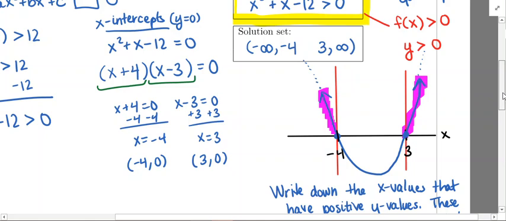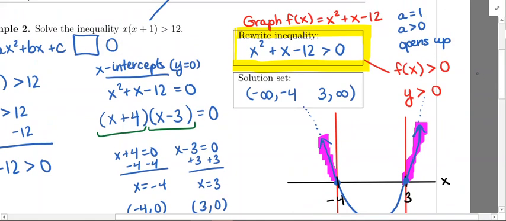The question becomes, do you include the endpoints? That is all dependent on the inequality symbol. The inequality symbol here is strictly greater than, so we need the y values to be strictly greater than 0.